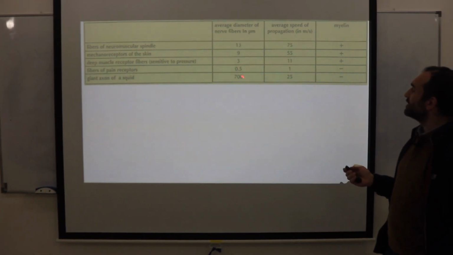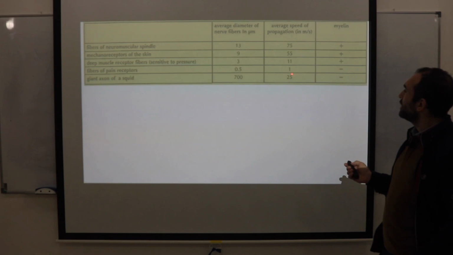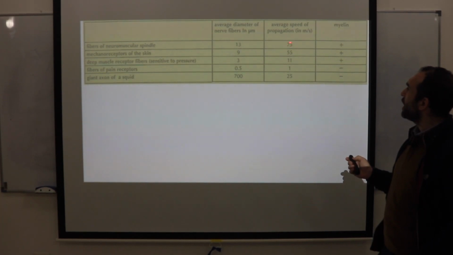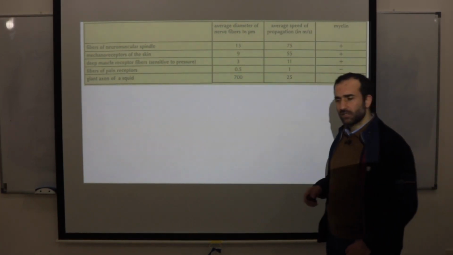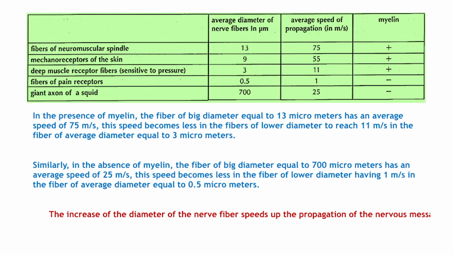For the fiber that doesn't have myelin, a very high diameter gives the message a speed lower than a fiber with myelin, even if the diameter is less. Let me show you. In the presence of myelin, and this is the analysis, the fiber of big diameter equal to 13 micrometers has an average speed of 75 meters per second.